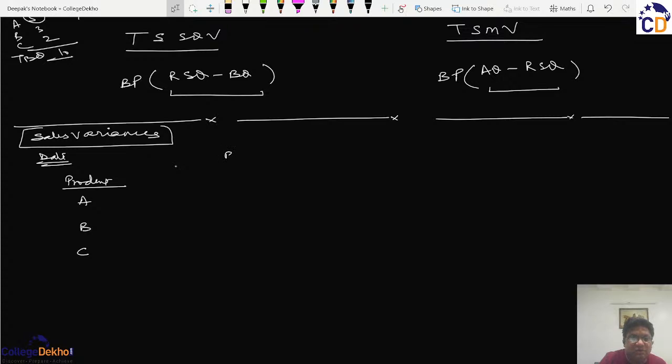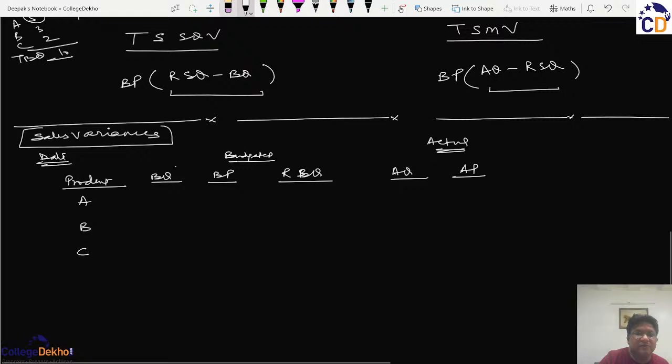So we will have this budgeted data where we have the BQ, where we have the BP, and on the basis of that we can calculate the RBQ or the RSQ. Then we will have the actual data where we will have the actual quantity and the actual price. One more thing that can be added here is that the multiplication of the two will give the figure of budgeted sales, and then we will calculate RBQ, and also we will have the figure of actual sales.